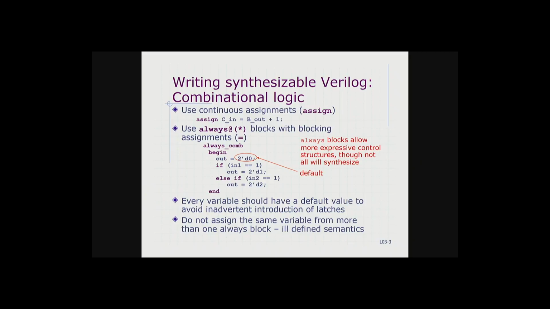One way to protect yourself against keyword collisions, I haven't been doing this consistently in this class, but it's probably not a bad practice: every time you name a variable, every time you name a module, use initial caps, because every keyword in Verilog is all lowercase.